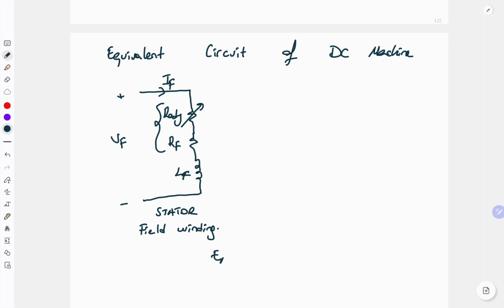And according to our induced internal generated voltage expression, it will produce the EA.